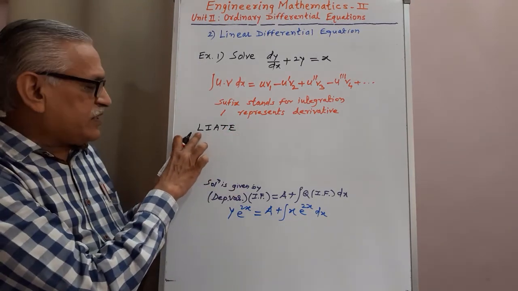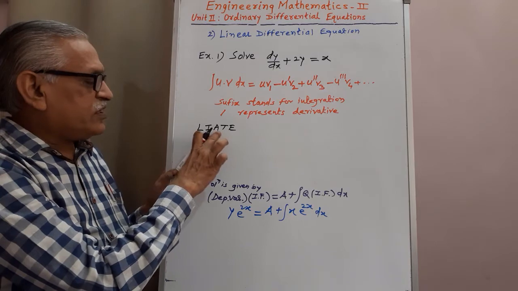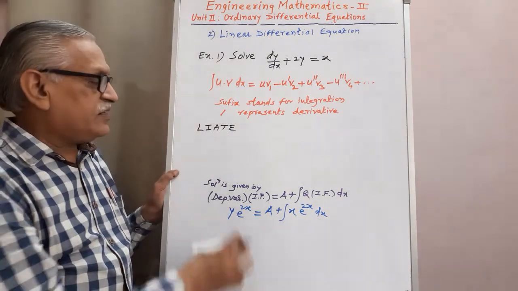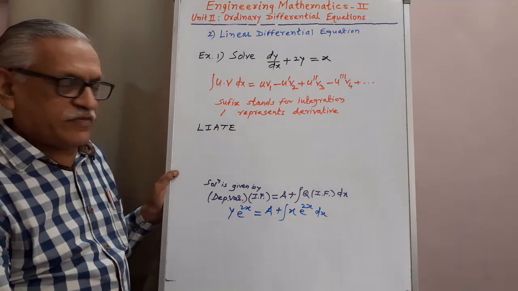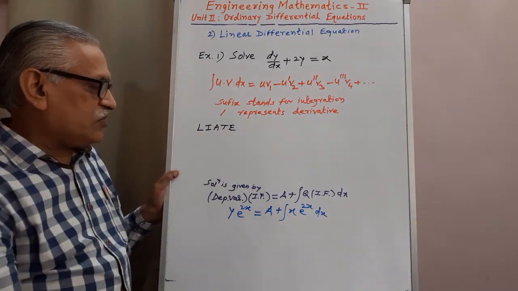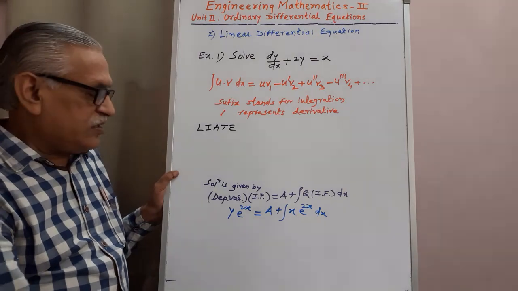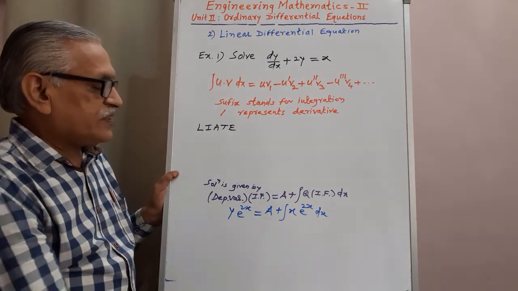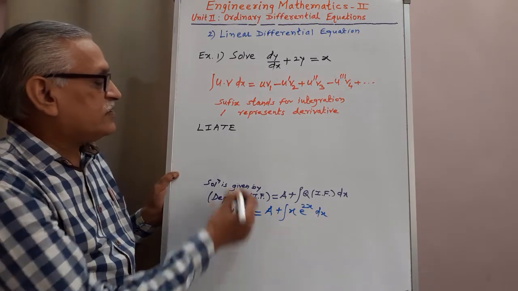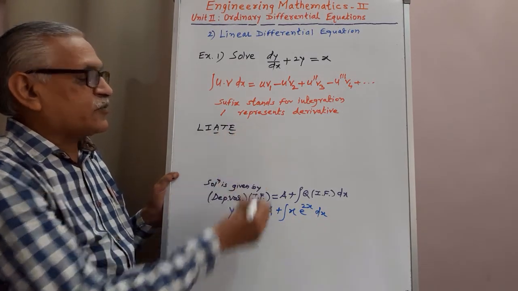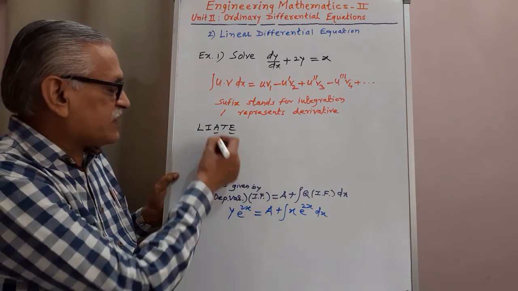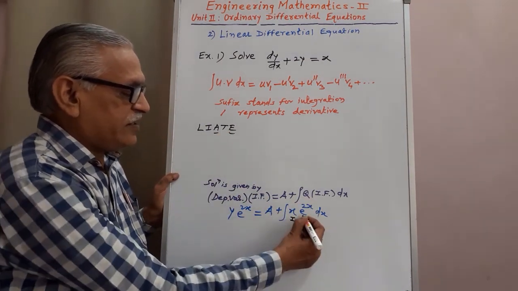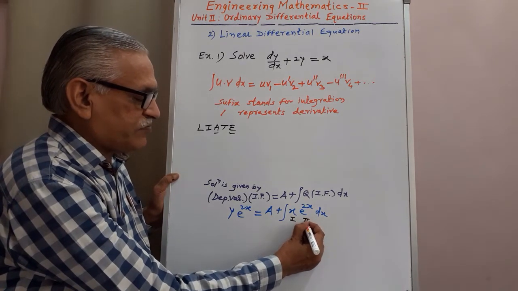L stands for logarithmic, I stands for inverse, A stands for algebraic, T stands for trigonometric, and E stands for exponential. As per this, we decide the order. Therefore, here the first term x is of algebraic type, and the second term e raised to 2x is exponential type. Therefore, algebraic comes first. So x must be the first function and e raised to 2x the second function.